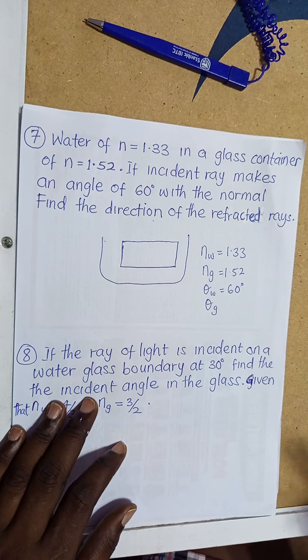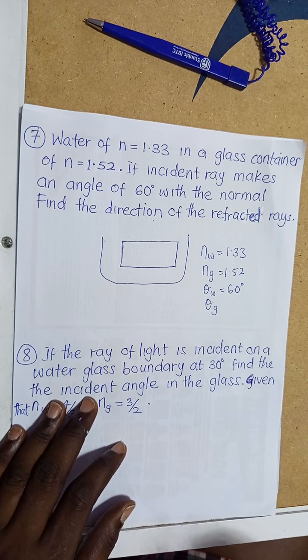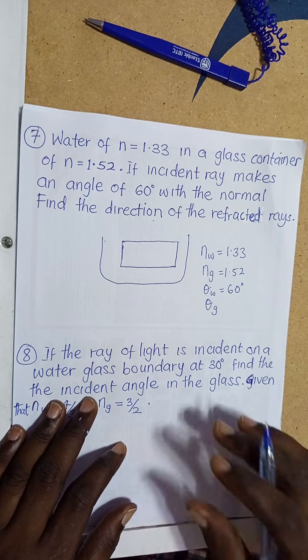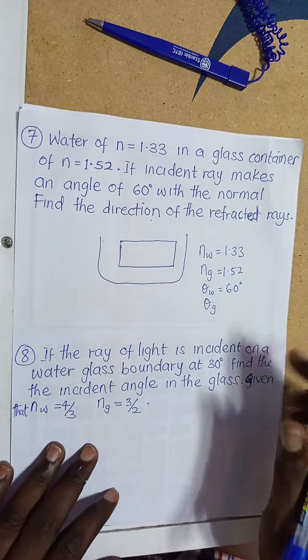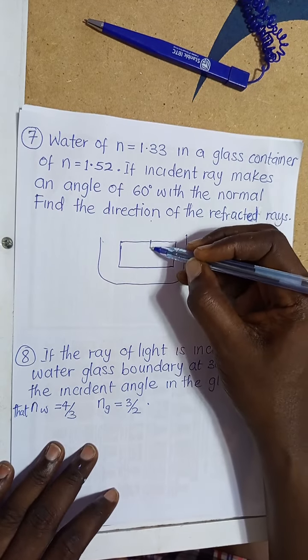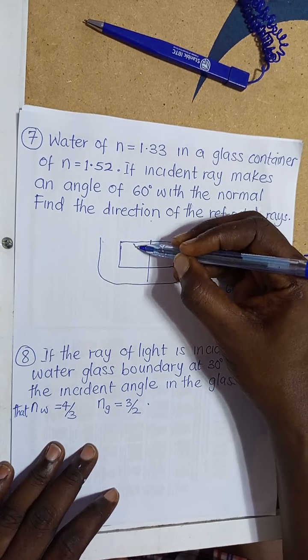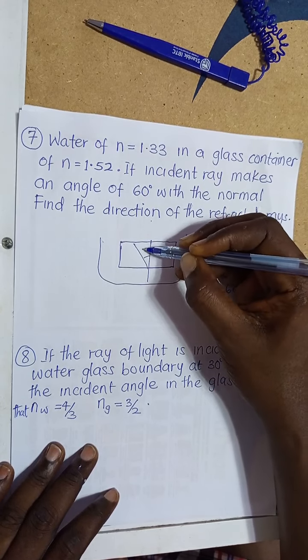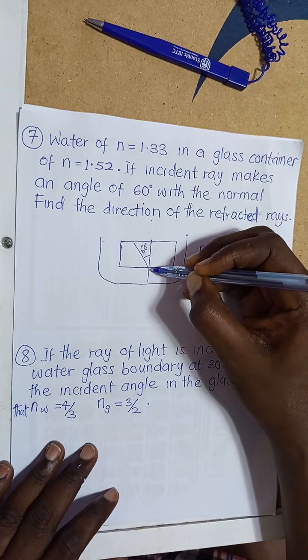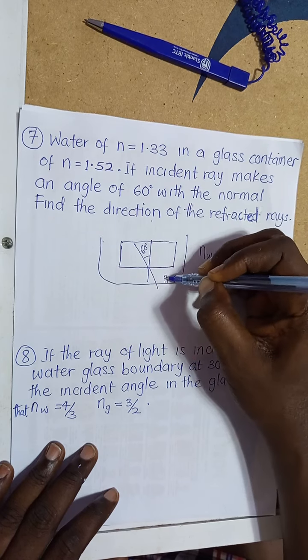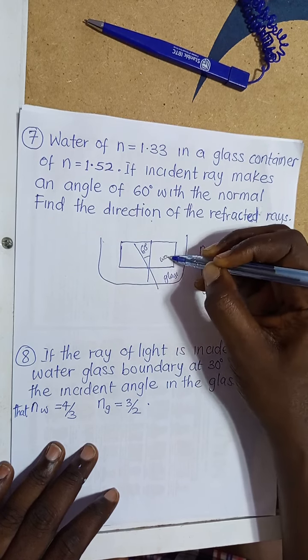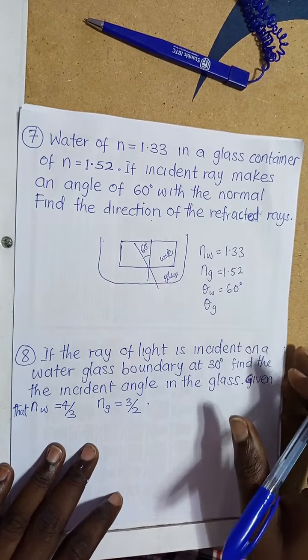If you check very well, you will notice that what is missing here is theta in glass. Theta in glass is a refraction. Look at the normal here, this is 60 degrees, then this is the glass, this is water, the glass container.